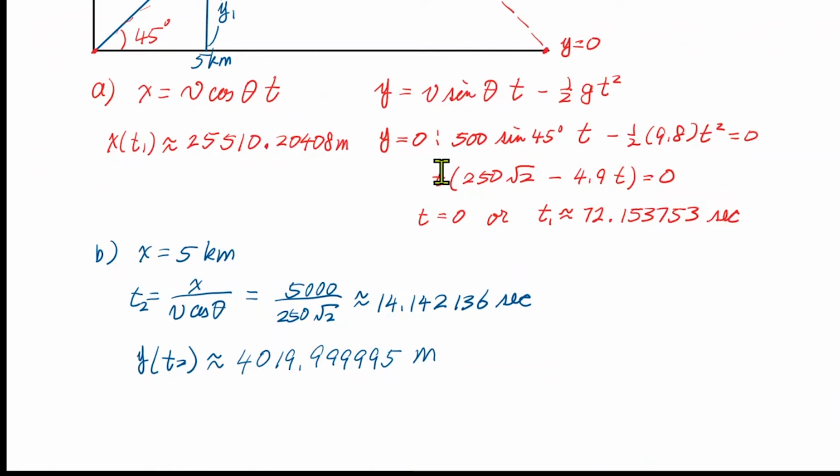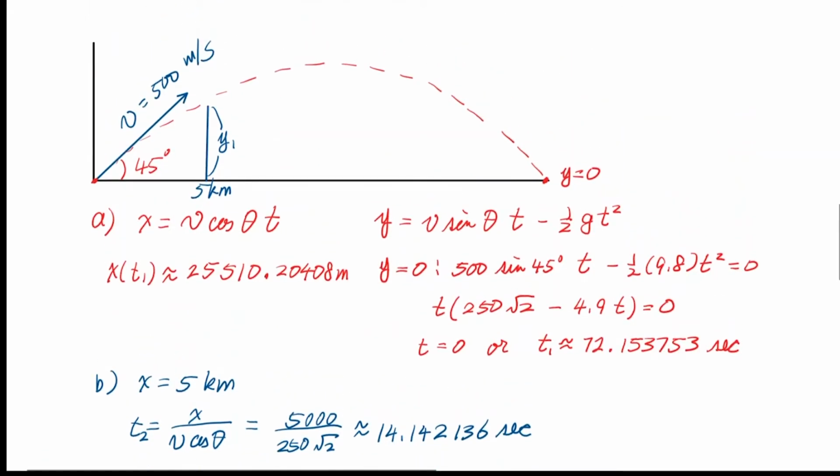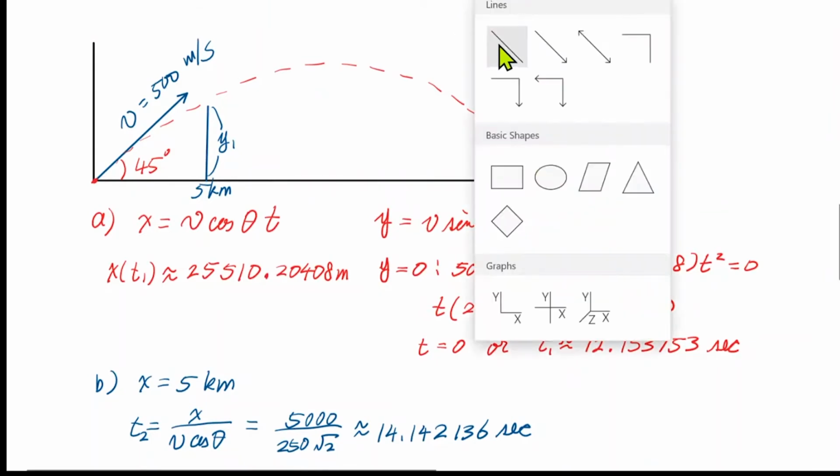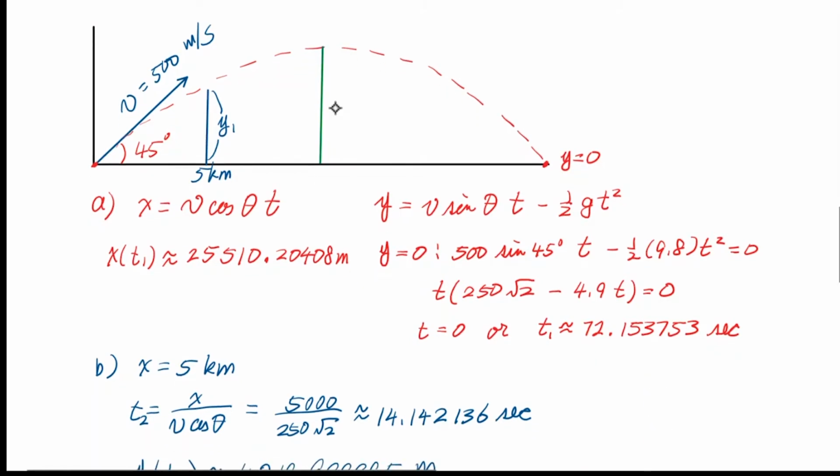Okay, so part C is this. I'm going to do part C in green. So we're looking at this point right there, right? We'll call that Y2.